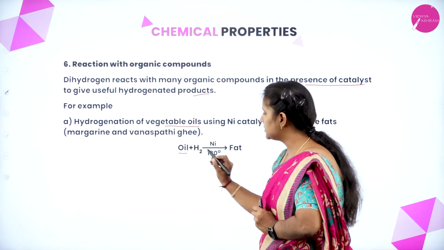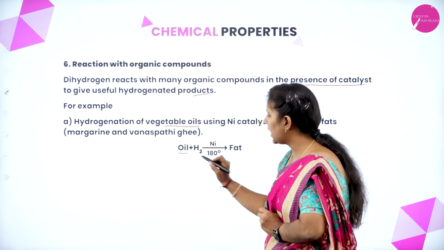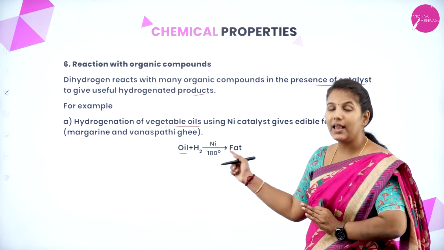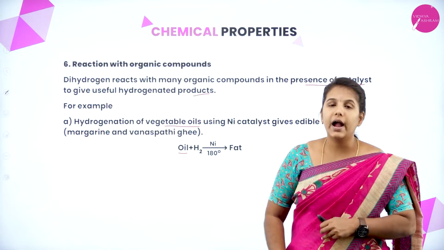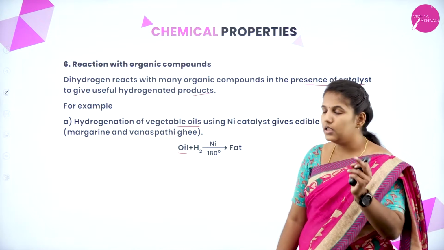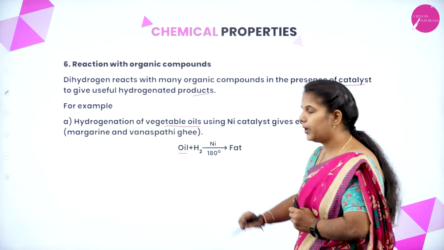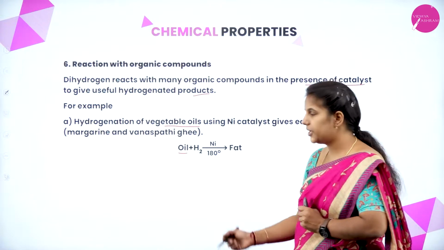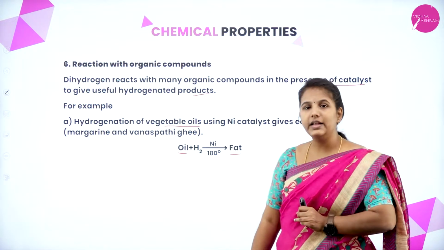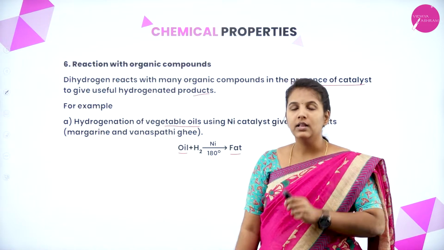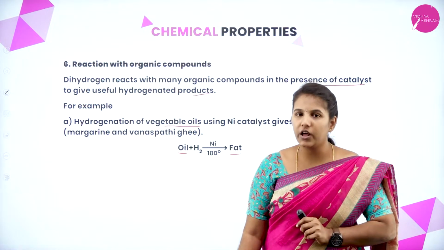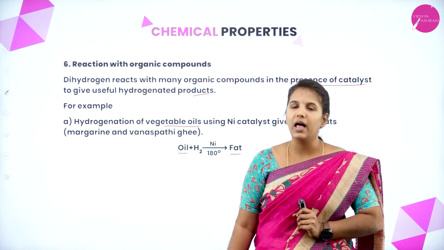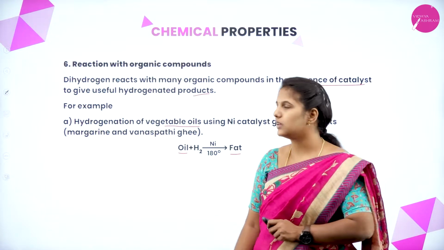Here, the oil is allowed to react with dihydrogen in presence of nickel as a catalyst. It forms what? Hydrogenated product. At very high temperature, around 180 degrees Celsius, the oils will get converted into fat. So, this is how our dihydrogen can react with organic compounds to form a hydrogenated product.